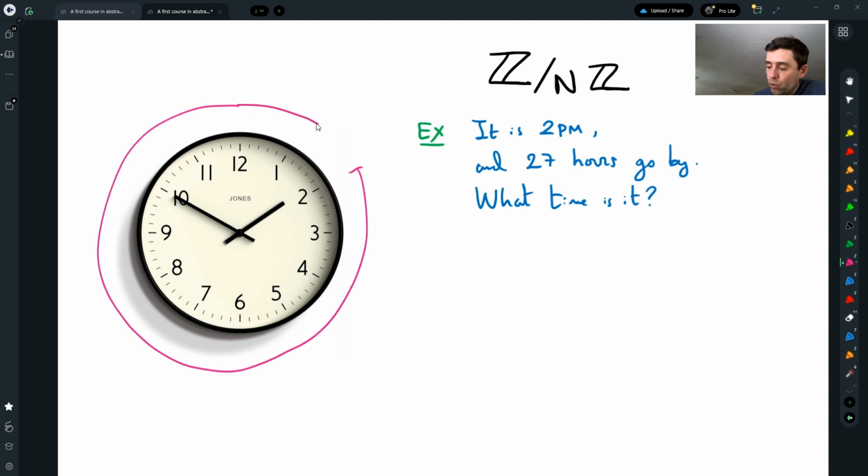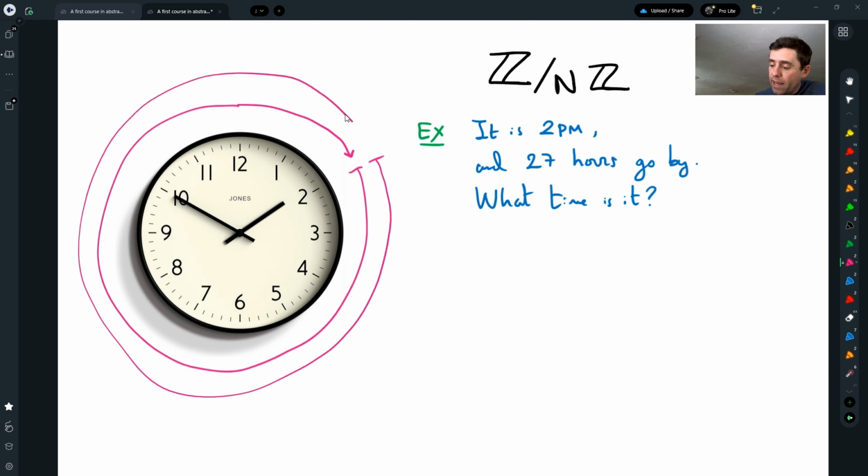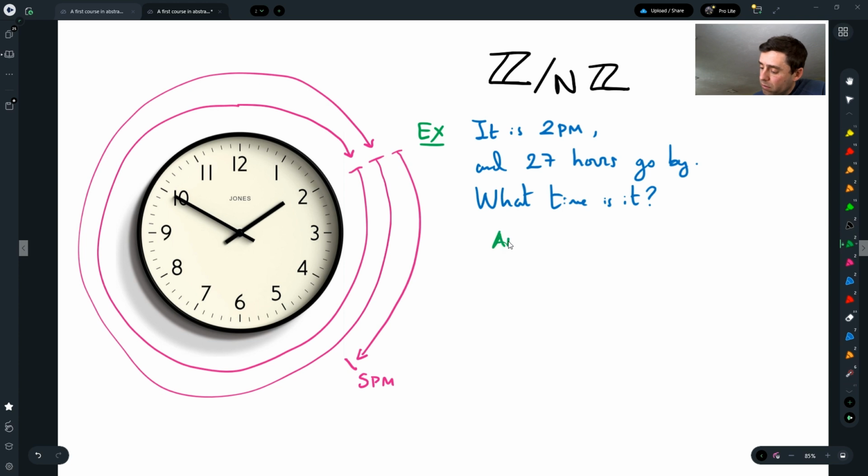So when I do 12 hours, now it's 2 a.m., and then I do another 12 hours on the clock, and I get back to 2 p.m. Then I have 24 plus 3, another 3 hours that are going to bring me to 5 p.m. So the answer is that the time will be 5 p.m.